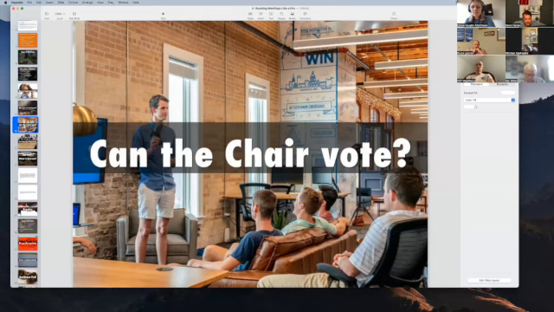But to remove a director almost always requires a special meeting of the owners and an affirmative vote of the owners to remove a director. But assuming that you are the chair and you are also a board member, then your duty is actually to vote, not just to vote in the event of a tie. You're supposed to be voting in your capacity as a director. Does that make sense, hopefully?